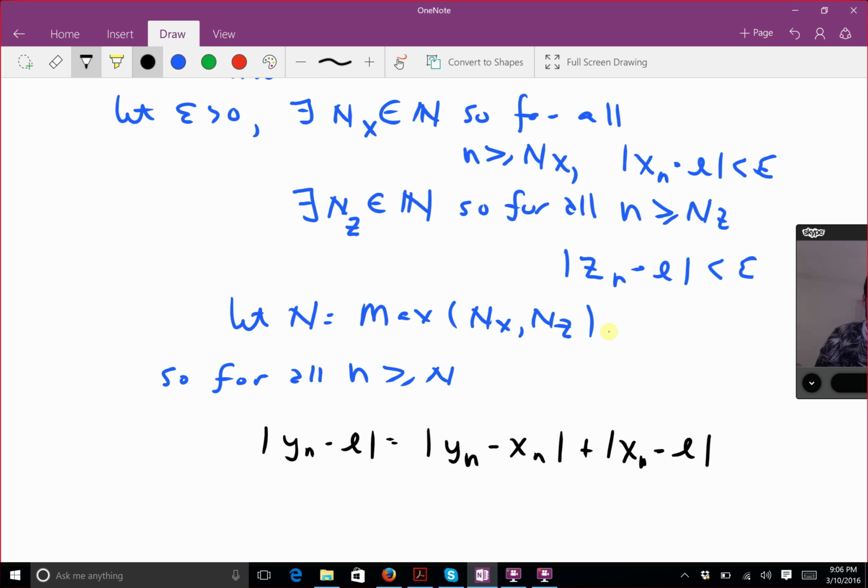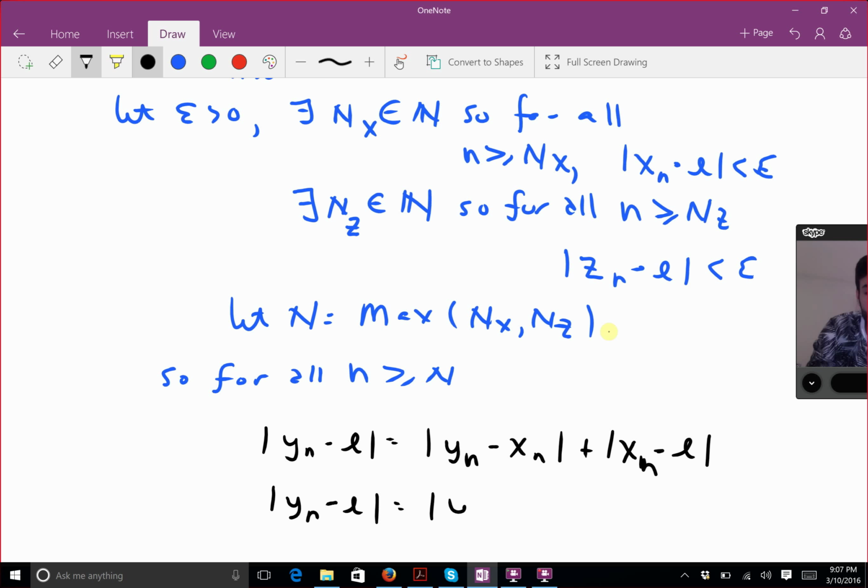I can write it like this: y_n minus x_n plus x_n minus L. This is a little tricky.